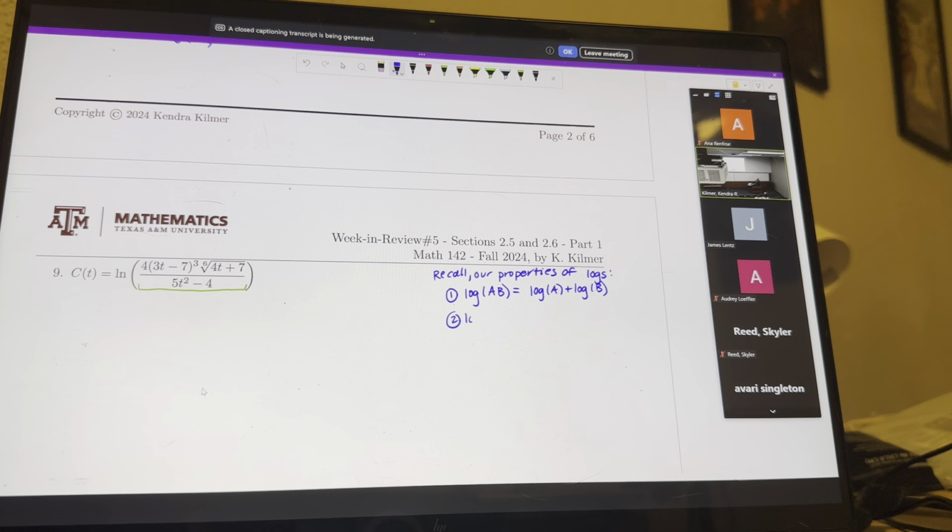Okay? Log of a quotient, A divided by B. Do y'all remember how we can rewrite that? So we can separate them out. What goes in between? Subtraction. Okay. And then the third one is the log of A raised to the power B. Do you remember what we can do with that power? Put it in front.